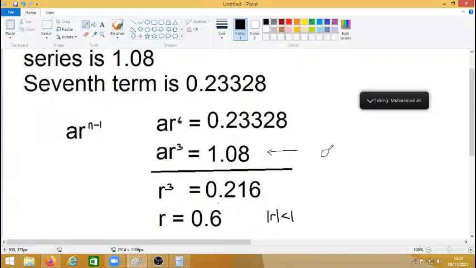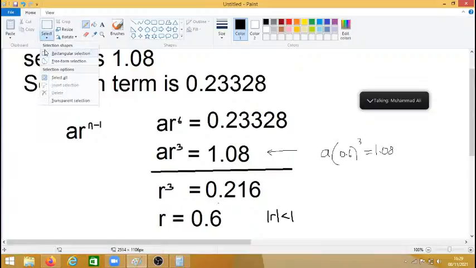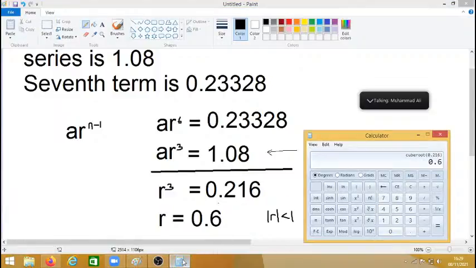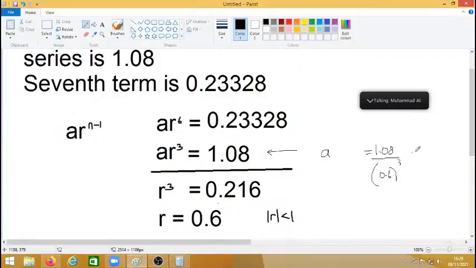So a times 0.6 cubed is equal to 1.08. Then if you solve that by taking the 0.6 cubed to the other side, you just need to type that into your calculator: 1.08 divided by 0.6 cubed, and that's 5. So the first term is 5.